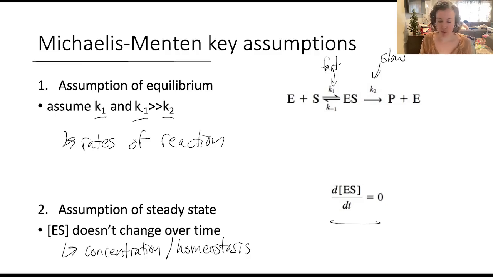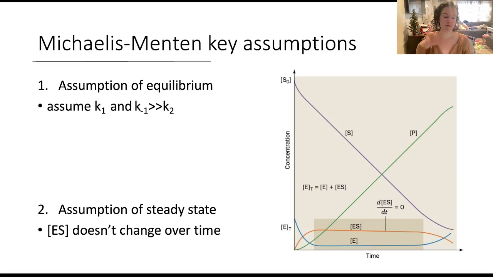I can also show these two things to you graphically to further describe these two key assumptions. Let's start with assumption 1, assumption of equilibrium. So we are assuming that the rates K1 and K minus 1 have become equal to one another, right? Where does that happen on the graph?